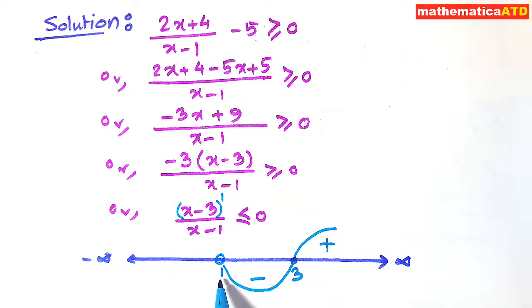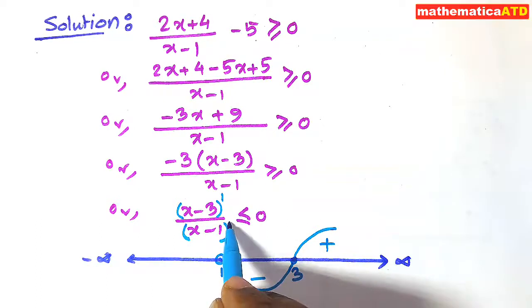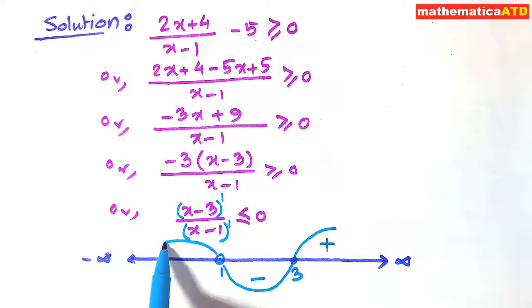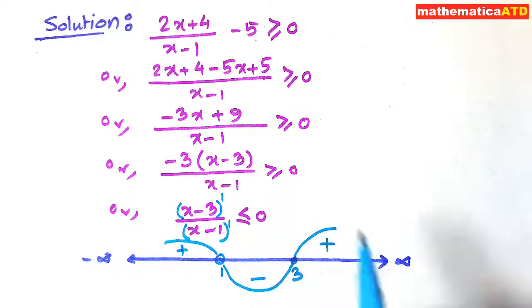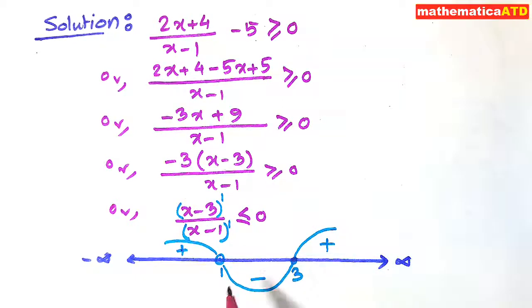Now the critical point is 1. The factor is x - 1. Its power is 1. 1 is again an odd number. For this, we have to change the sign again, so this is positive. Now friends, observe that the inequality sign is less than or equal. That means we have to take this negative part.